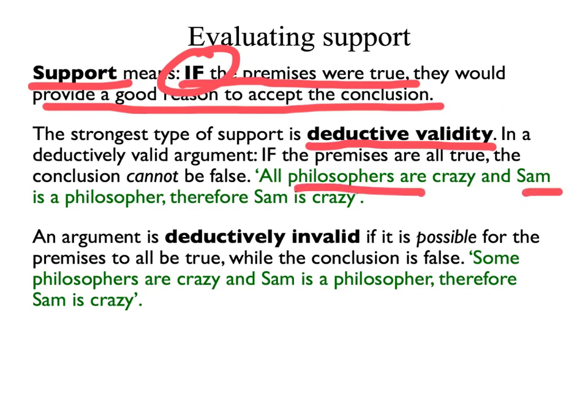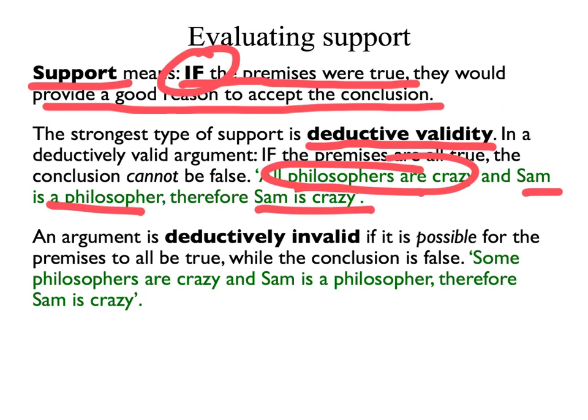Second premise, Sam is a philosopher. Conclusion, Sam is crazy. Well, although the premises, of course, aren't all true, this premise, of course, isn't true, nonetheless, if they were both true, if it was really true that all philosophers were crazy and that Sam was a philosopher, then it would certainly follow that Sam was crazy.